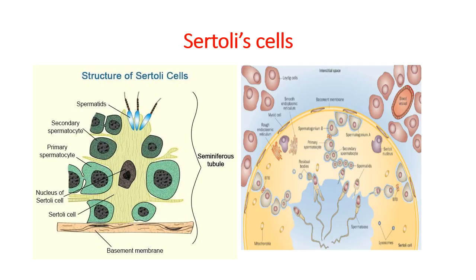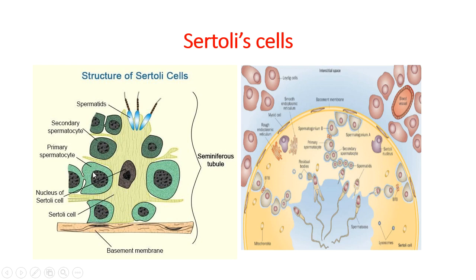As you can see, these are figures that represent the Sertoli cells. This is the entire Sertoli cell, and this is the nucleus of the Sertoli cell, while these are the spermatocytes.